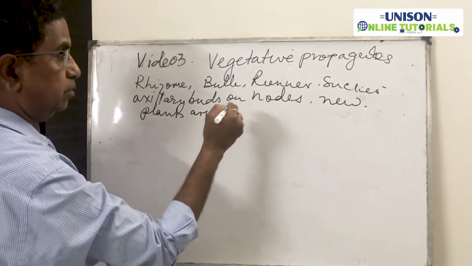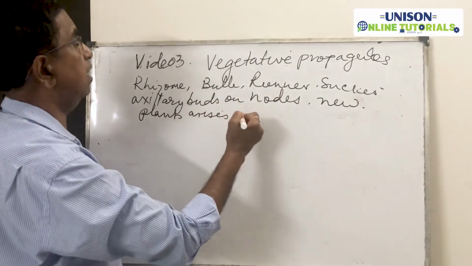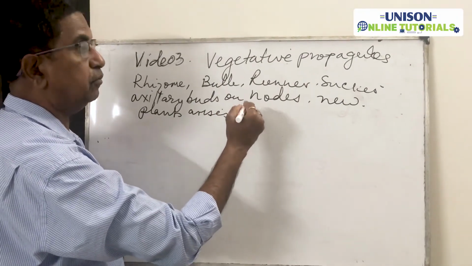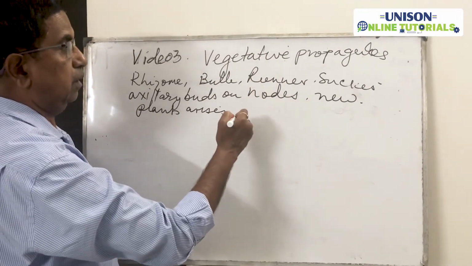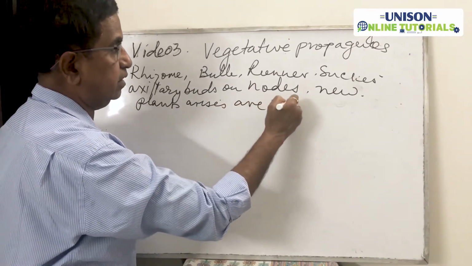These axillary buds on the nodes of rhizome, bulb, runner and sucker are known as vegetative propagules.